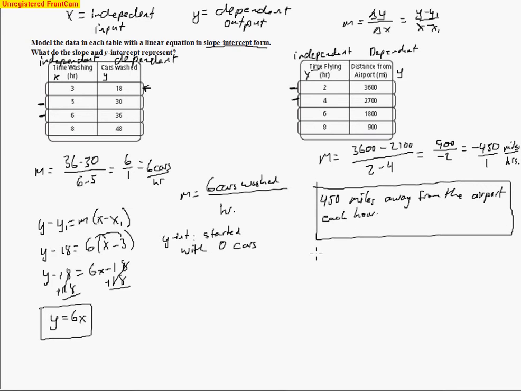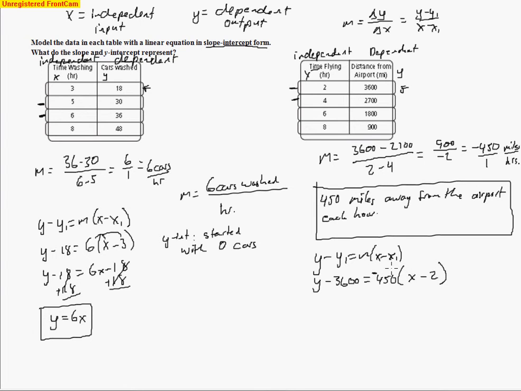Now let's find the equation. So y minus y1 equals m times x minus x1. So I go ahead and substitute. Take any point. I'll just pick this first point right here, and I'll substitute in. I got y minus 3,600 equals the slope of negative 450 times x minus 2.